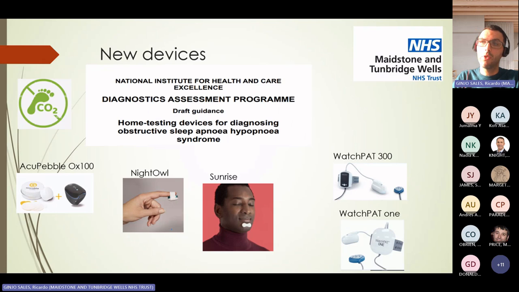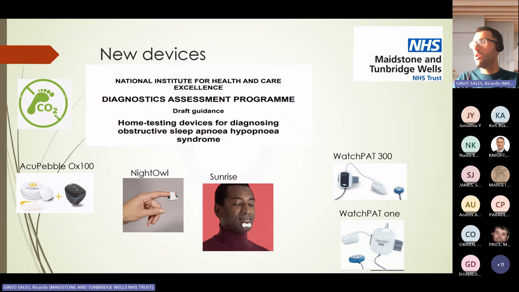So we are now able to go into raw data. There's no manual scoring. It relies on an advanced algorithm, artificial intelligence. So as you can see, artificial intelligence is coming for sleep as well.